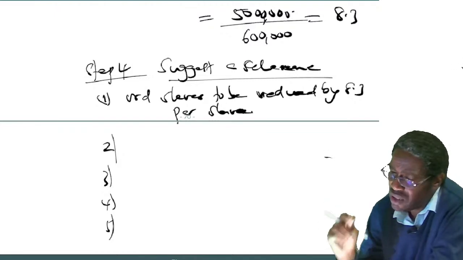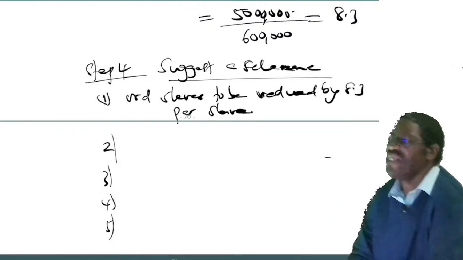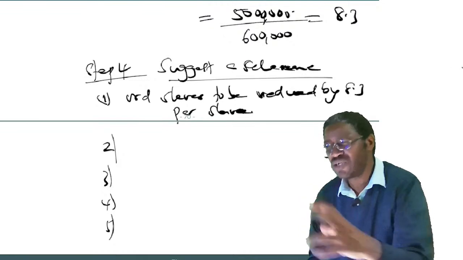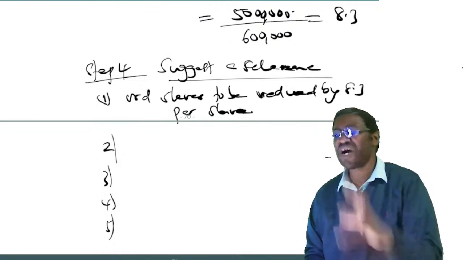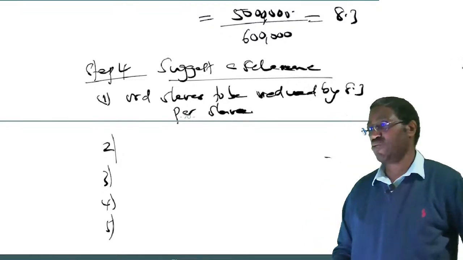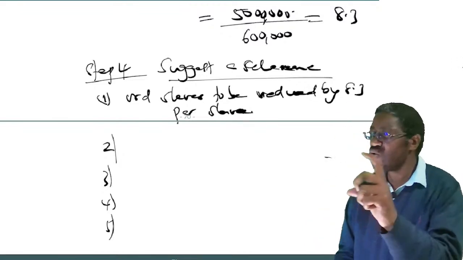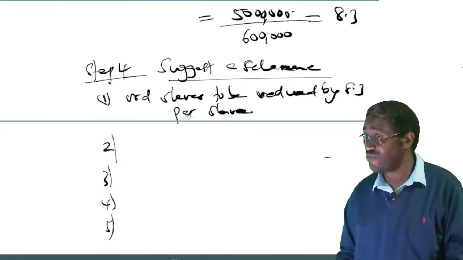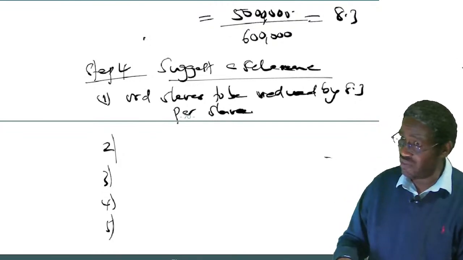Anything that we used in the determination of that 5 million in step 1 must be part of the scheme. So you go back to your step number 1, and anything you used in the determination of that loss of 5 million should be part of the scheme.